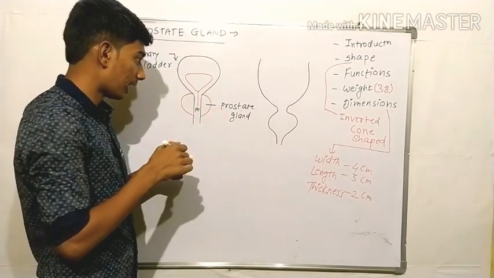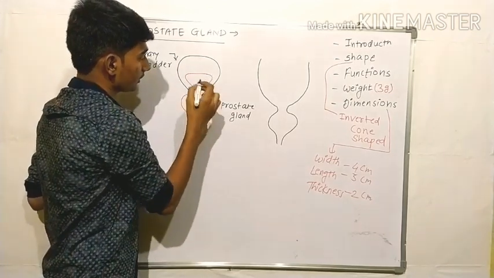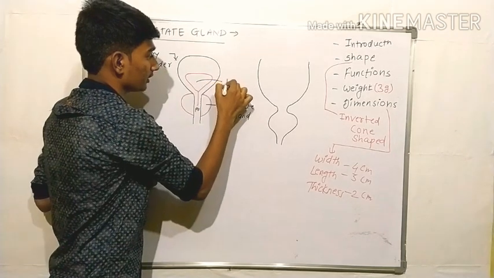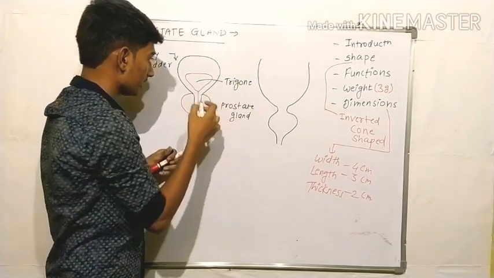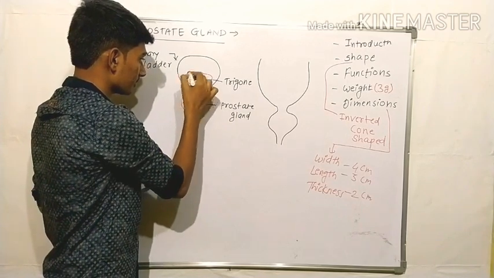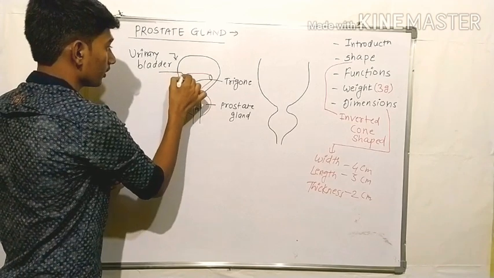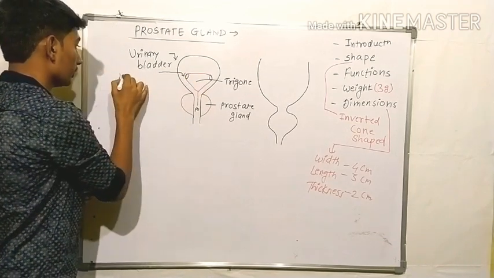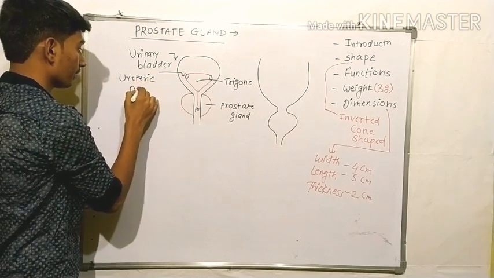And this triangle shaped structure is known as trigone, and on either side it has the opening of ureter, and opening of ureter is known as ureteric orifice.